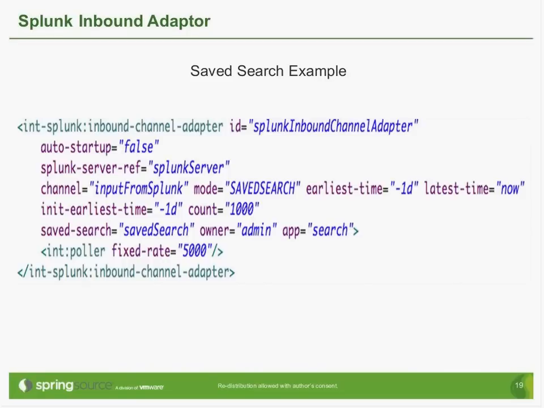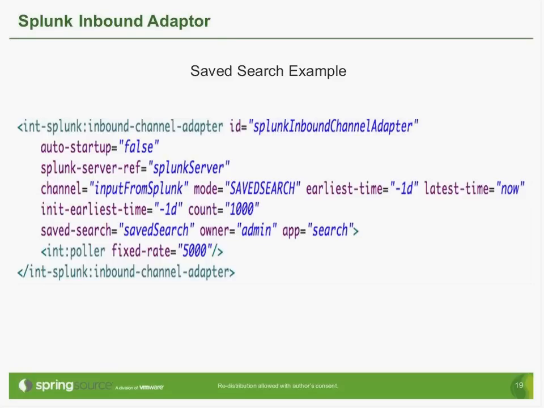So let's take a look at an example of the inbound adapter. Now you see we have an element called Splunk inbound channel adapter in the Splunk namespace, and it's got a number of attributes. Not all of these are required, but this illustration is just to show the kind of things you can do with it. Auto startup, it means this adapter needs to be started manually or from some external source if it's set to false.